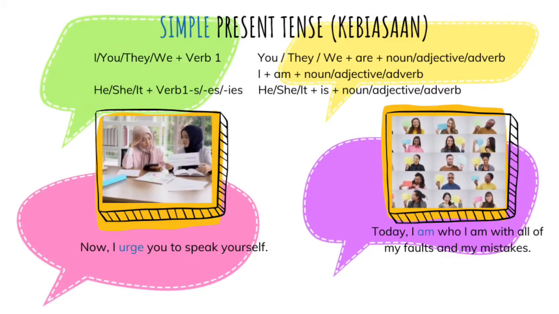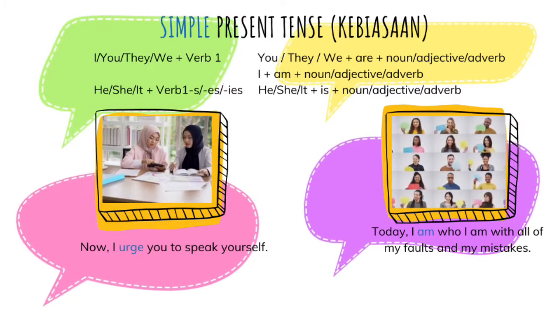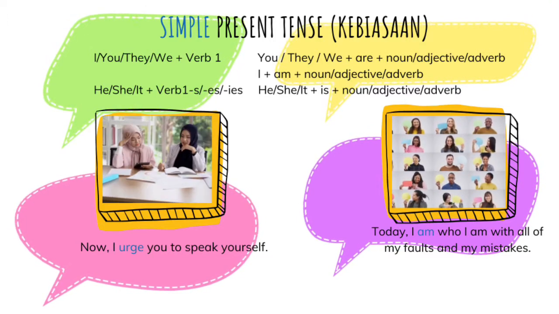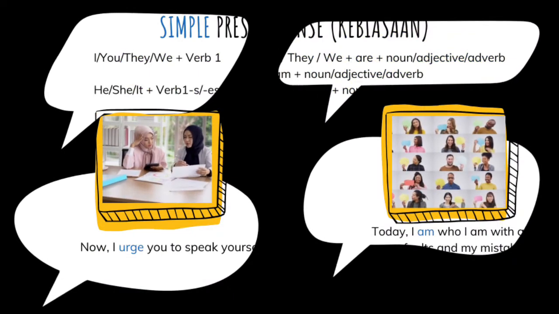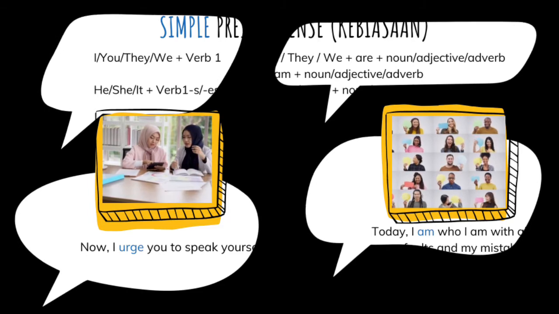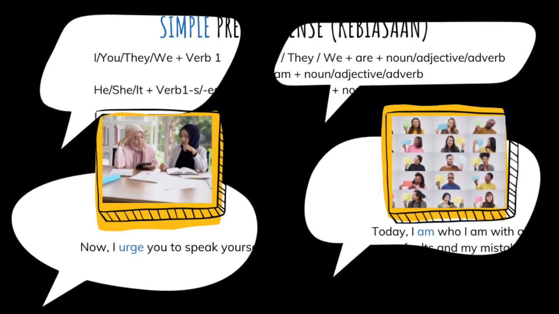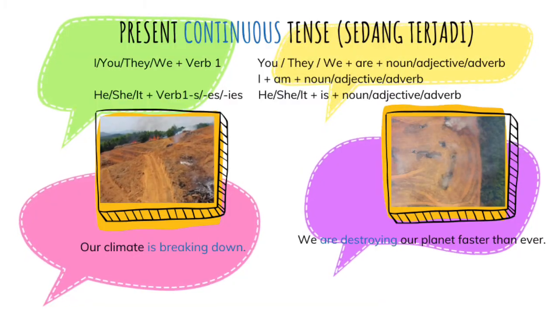And this is another example of simple present tense, usually to indicate habits or general truth. So it's usually verb 1 and the to be is, am, are. You can see the to be am, today I am who I am, and the verb 1 urge.